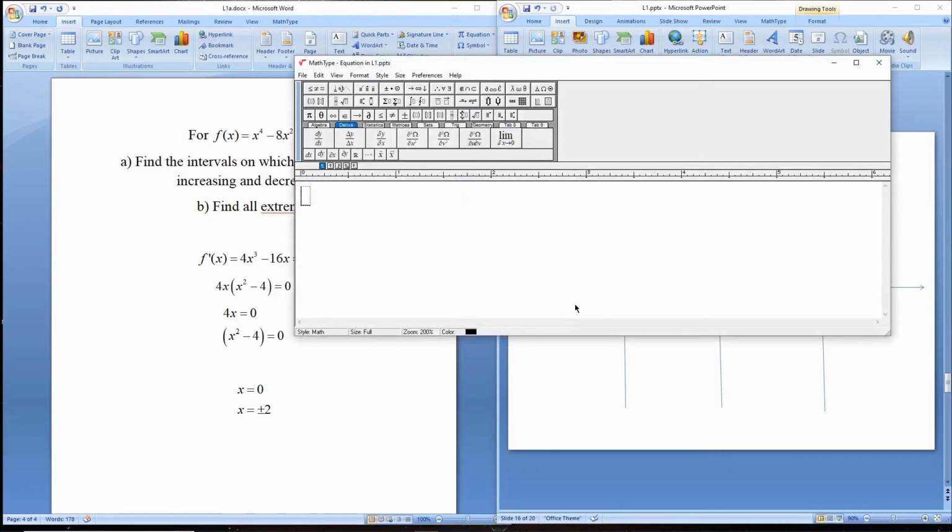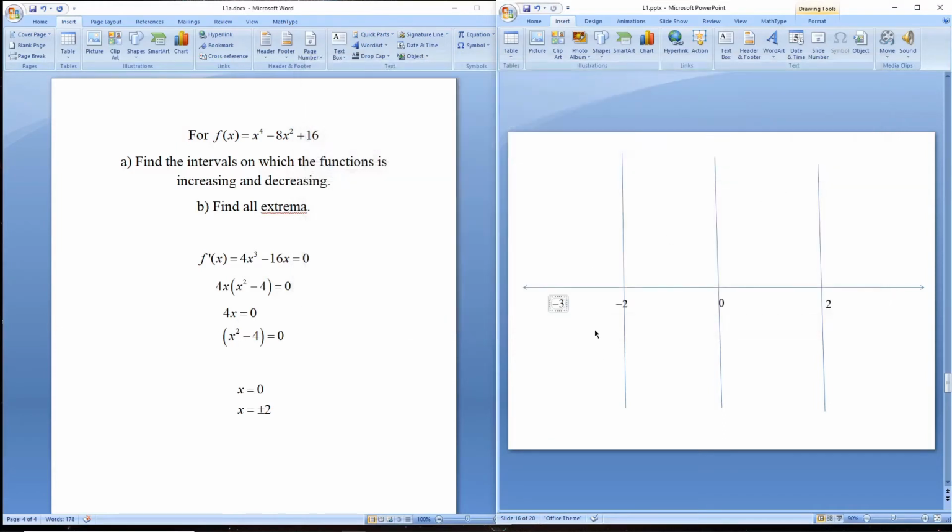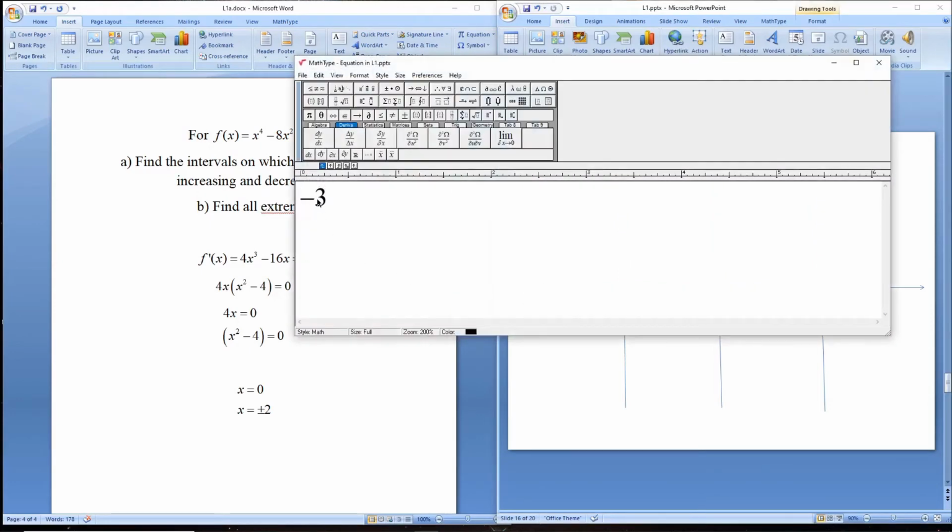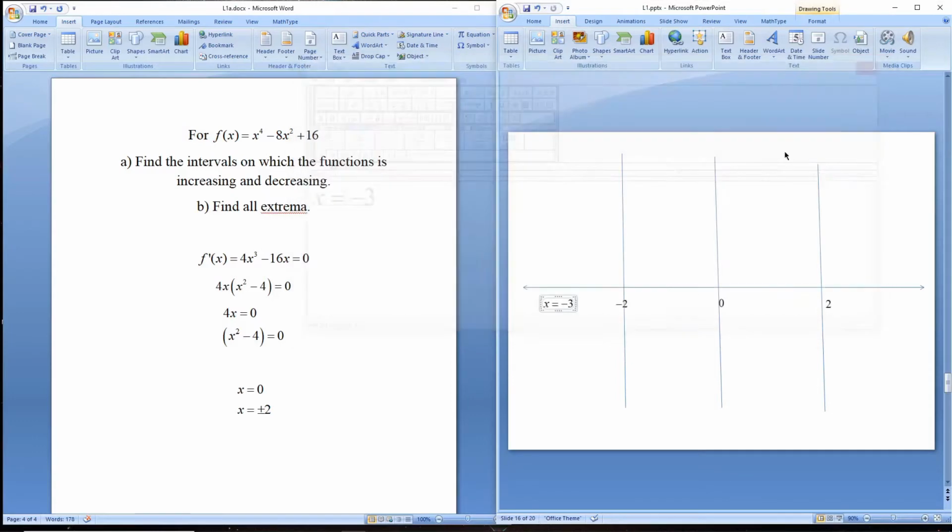Well, we can choose -3. Pick simple numbers. Make your life a little bit simpler. We will choose -3 in this region to test. And we're going to put that in the derivative. Remember, our goal here is to find out if the function is increasing or decreasing.